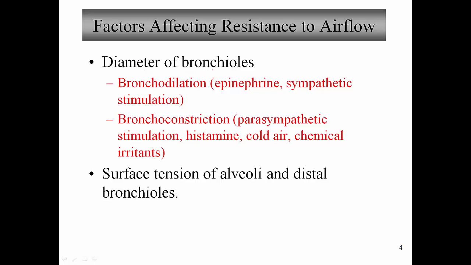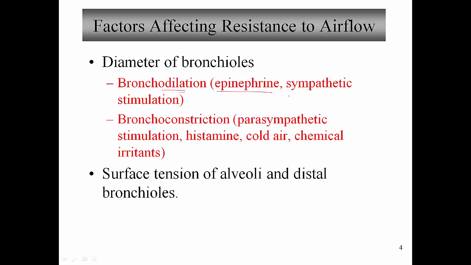Now, the diameter of the bronchioles can be controlled. If you remember when we talked about respiratory anatomy, we discussed the bronchioles and said that these were structures that had no cartilage in them. All these have is smooth muscle. So these are the air passageways that can really bronchoconstrict, which means to reduce the lumen or the opening, or bronchodilate to increase the size of the opening. And the muscles around these bronchioles respond to a few different things.